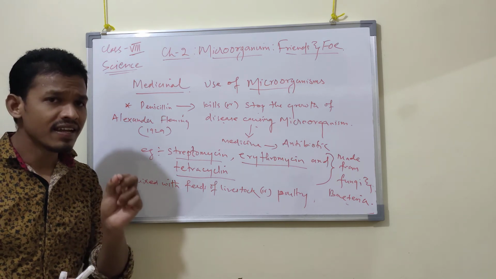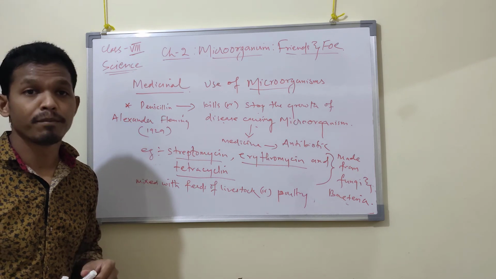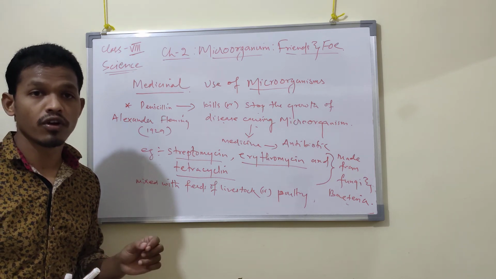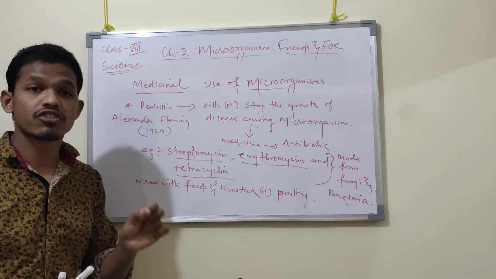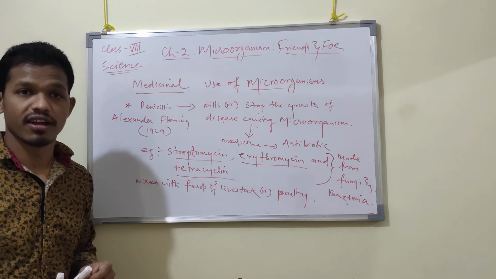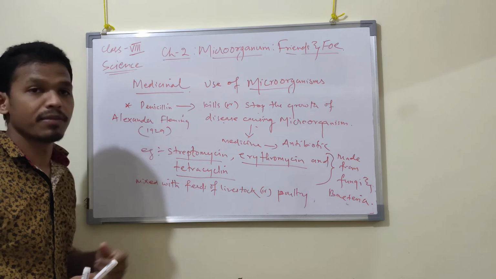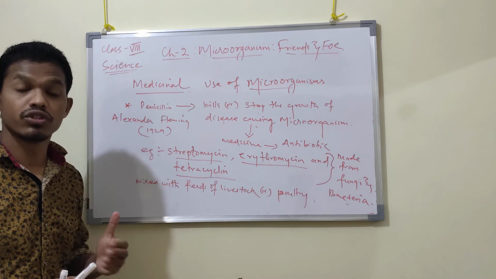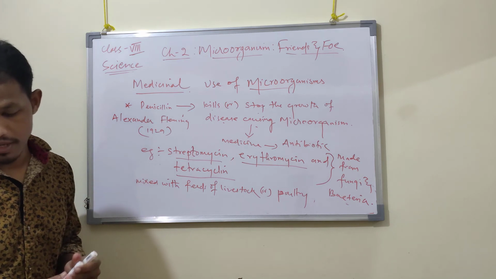He observed that the presence of mold prevented the growth of bacteria. In fact, it kills many microorganisms, that is bacteria. Therefore, he found that penicillin is an antibiotic which prevents bacteria. Got it now?